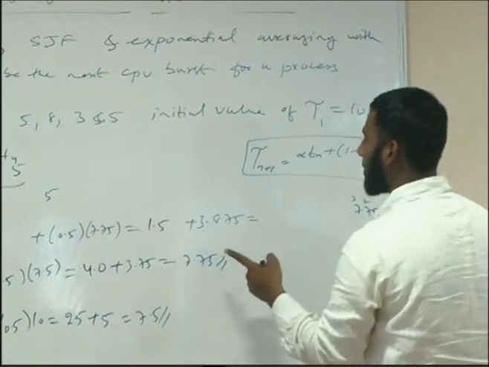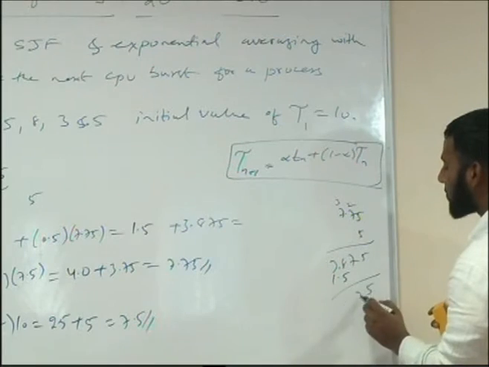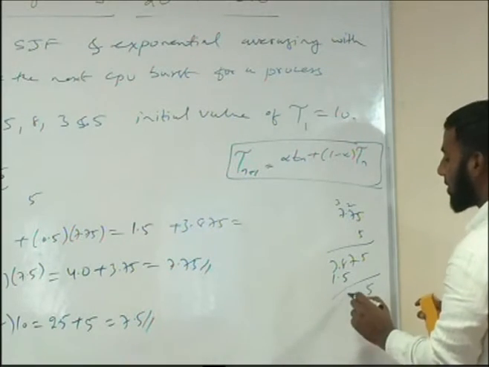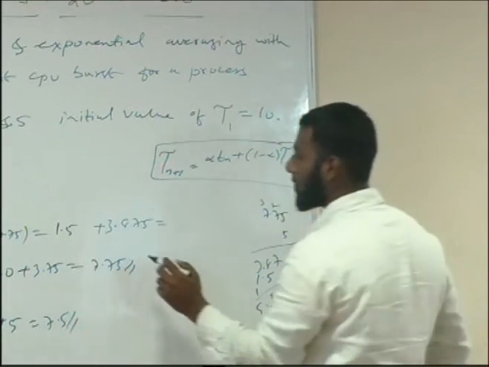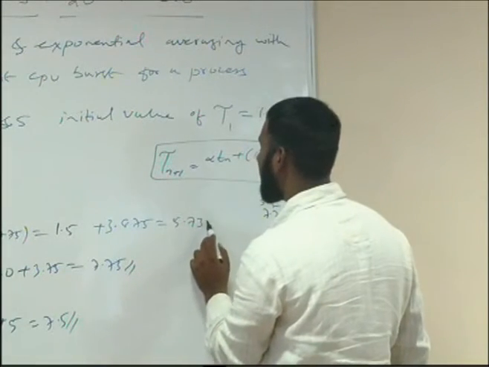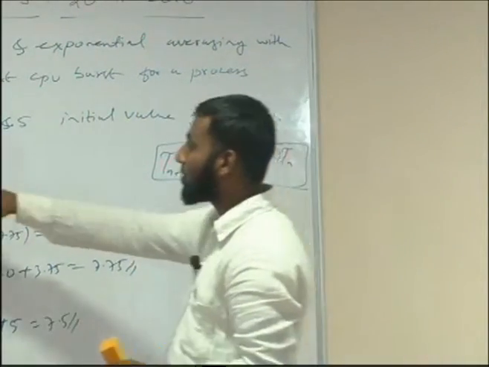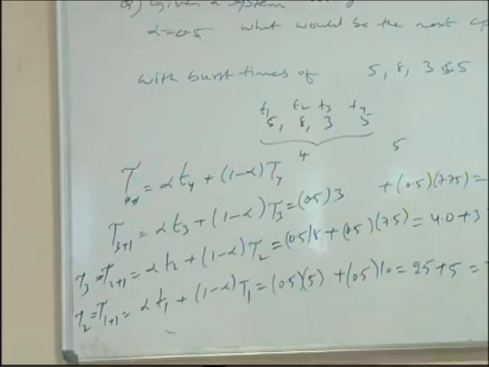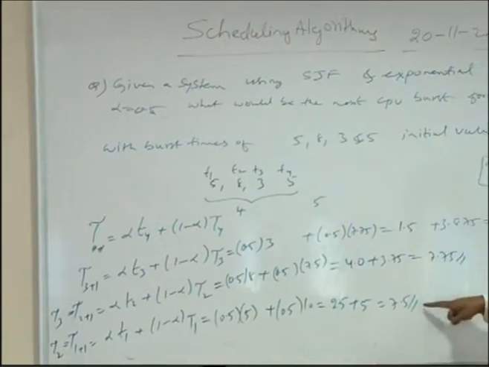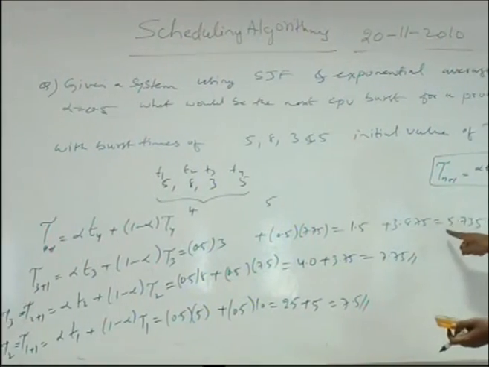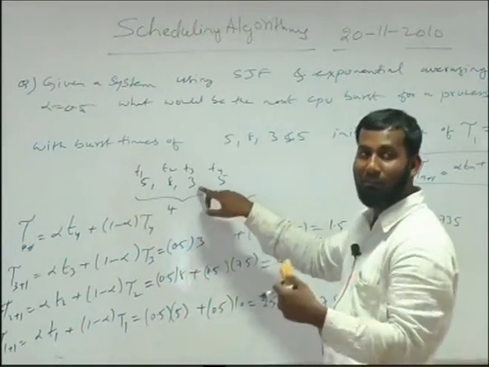So, the value will be 1.5 plus 3.875, which is 5.375. Because of this 3 it has been reduced, right. So, it means we cannot take any hard and fast rule that the value should always increase. It may decrease, because it depends on the information that we have.